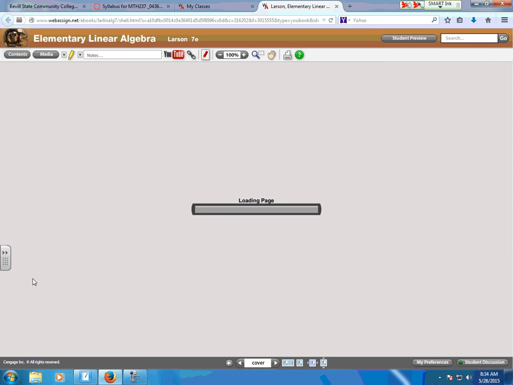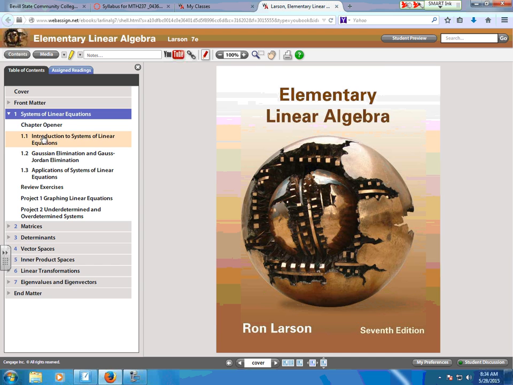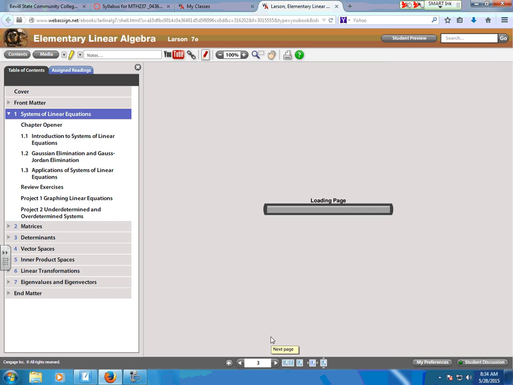And actually, the book that I have a hard copy of is the last edition. We're using the 7th edition. We talked about what linear equations are.